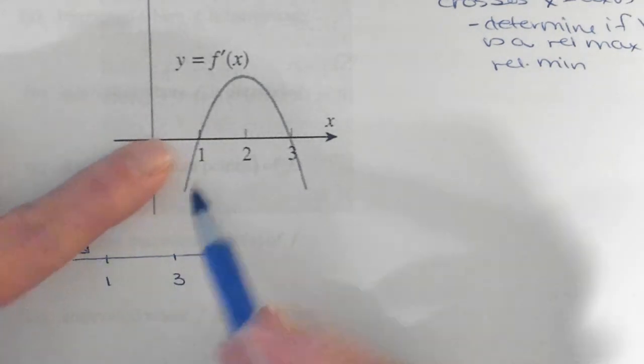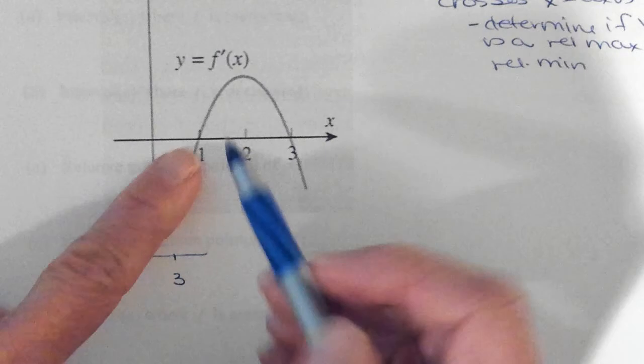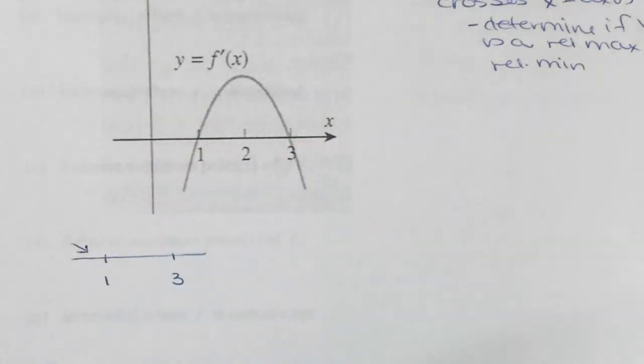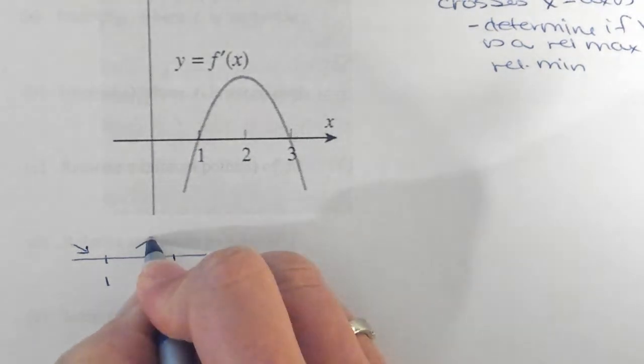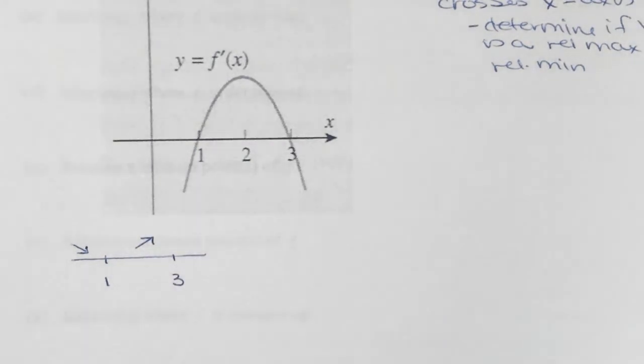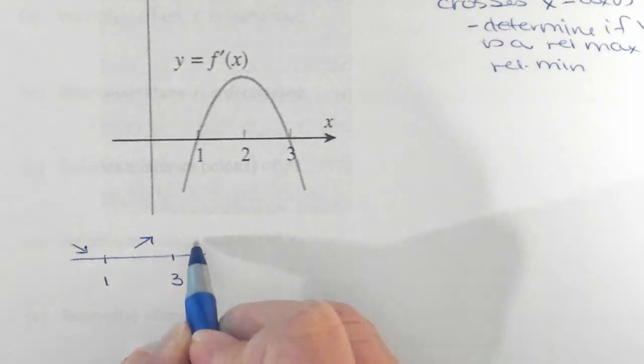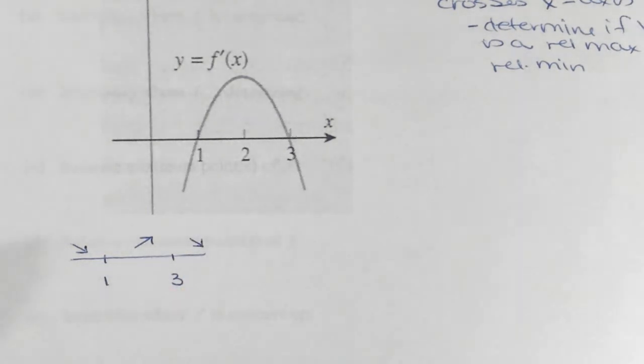Yeah, 1 is right here. Then from 1 to 3, meaning on this interval, f prime is above the x-axis. Therefore, f is increasing. And then after 3, which is right here on my number line, f is doing what? Decreasing. Okay, does everyone understand what we just did?